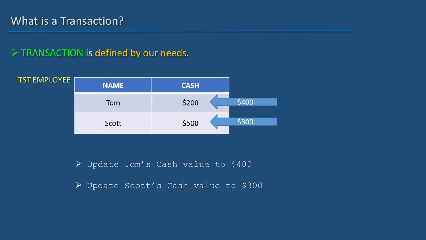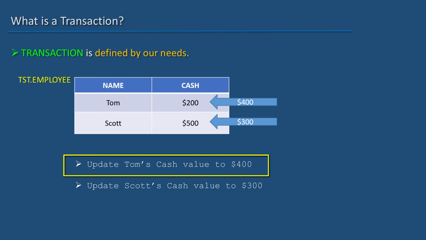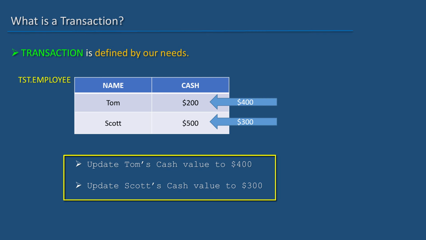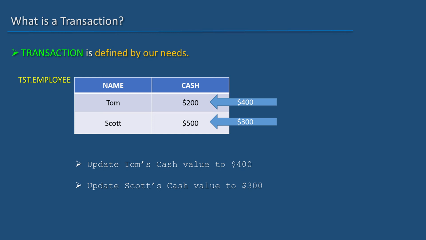But can I close the transaction immediately after just updating Tom's cash value? No. Here the transaction can be brought to a valid conclusion only after modifying both Tom's and Scott's cash values. In other words, this transaction involves two DML statements.